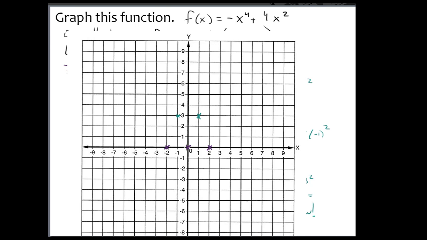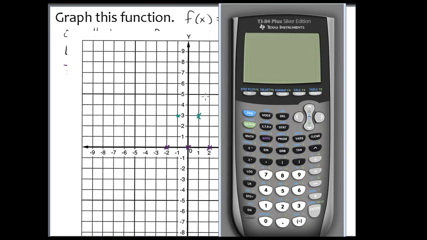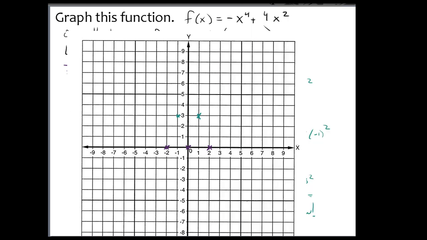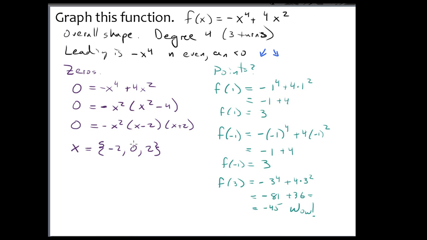As a matter of fact, at 0 here, I'm pretty sure that's a turning point. At 0, I'm pretty sure this is a quadratic because it's squared. I'm pretty sure it's going to make a parabola there, and then these are going to be linear because they're just to the first power.